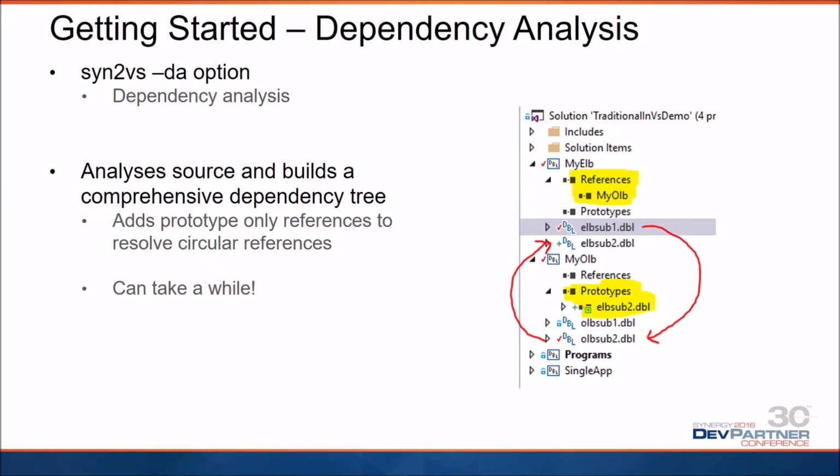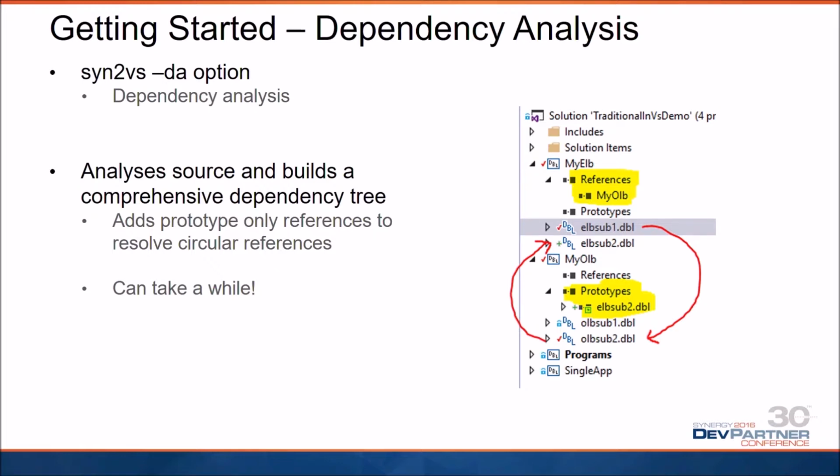So if you run into problems because, like Jeff said, you start having these circular references around, what DA does is dependency analysis. It spends a lot of time analyzing everything about your code, and it will finally figure out this one talks to this one and this one talks to this one. So it can help insert those proto-only references for you, but be warned, it can take a while.